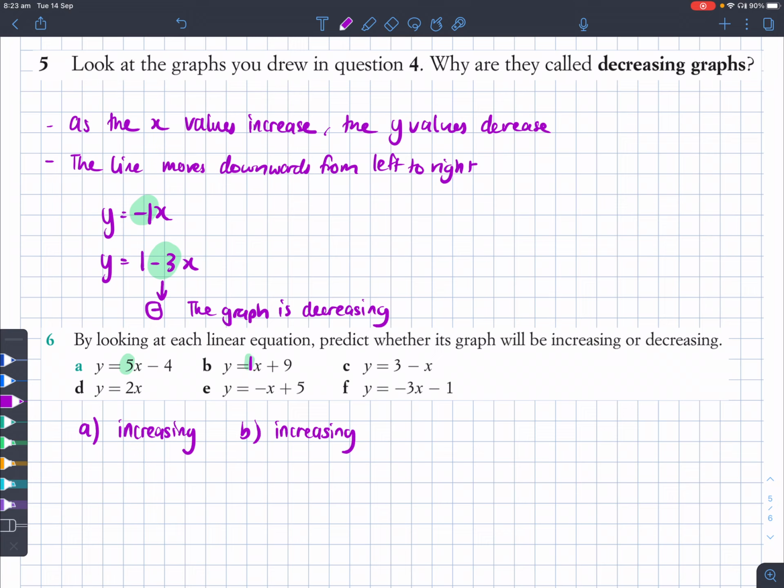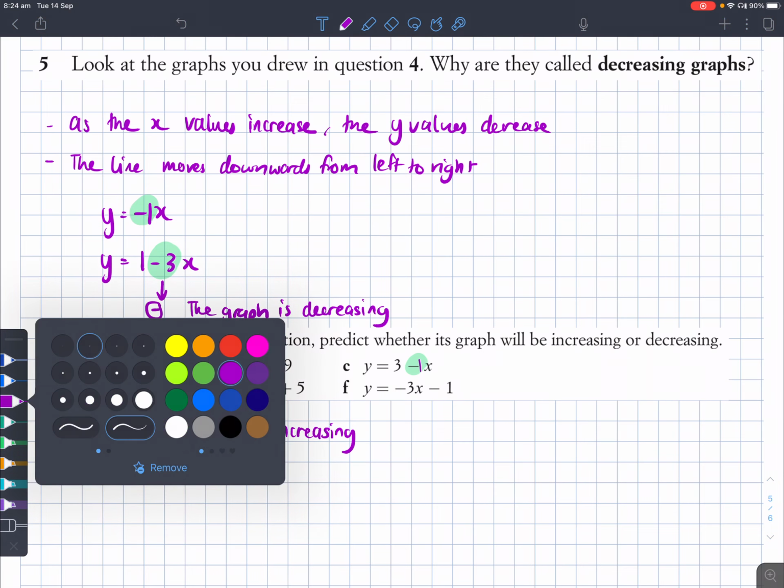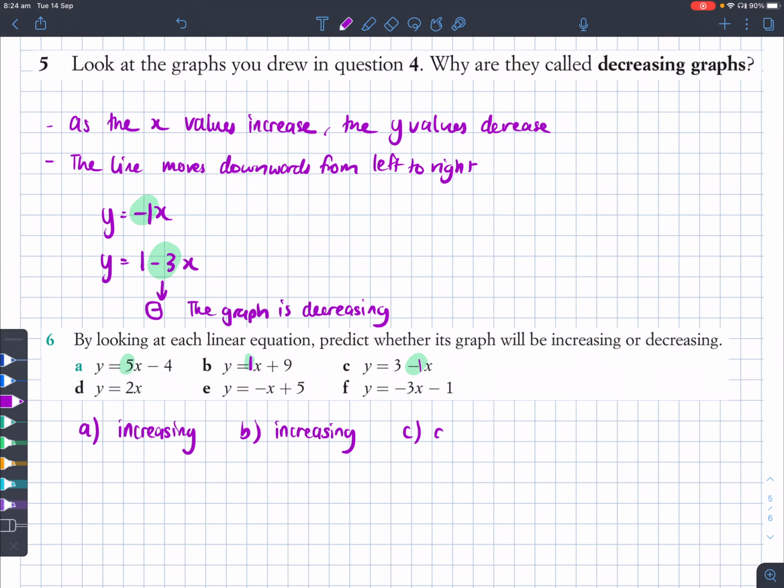C, the number that's right before the x is a -1. That's invisible. I'll write that there. And because it's negative, we say that this graph will be decreasing. For part D, the number before the x here is positive.